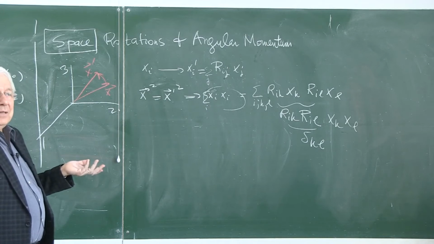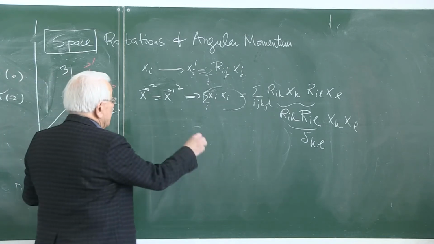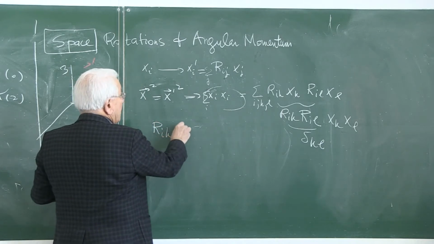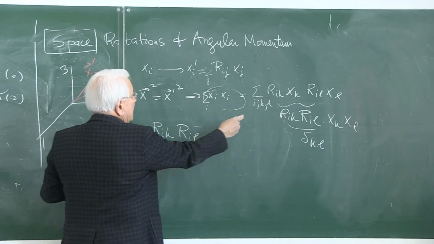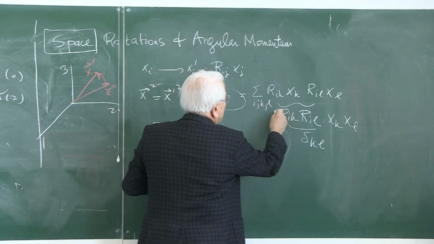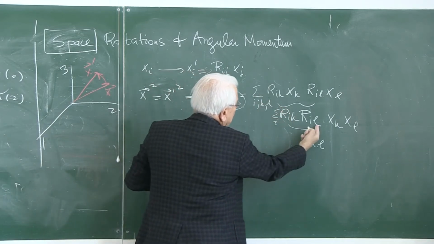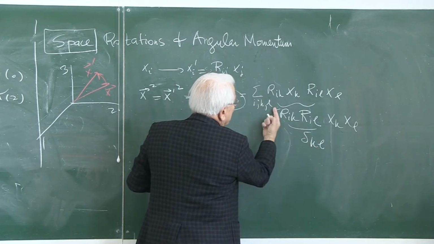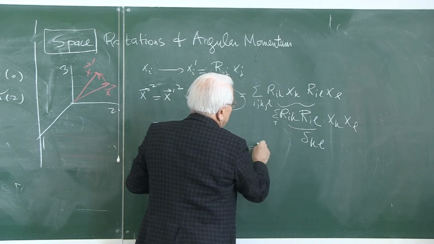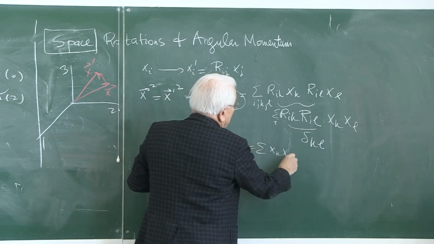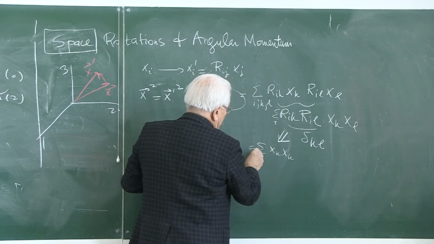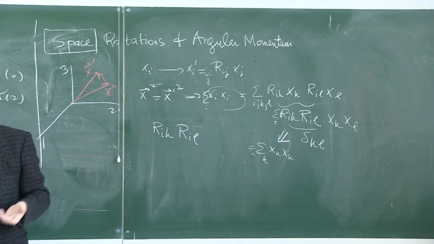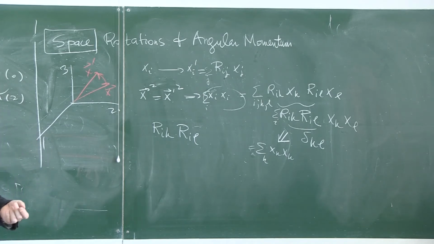So that gives me the beautiful relationship that these transformations should satisfy: R_ik R_il, with the sum over i coming in here, equals delta_kl. You can carry out one of the summations, and there is a single sum left, which is xk and xk. I'm not going through these steps in detail. I understand that these are all well covered in one of your previous linear algebra classes.